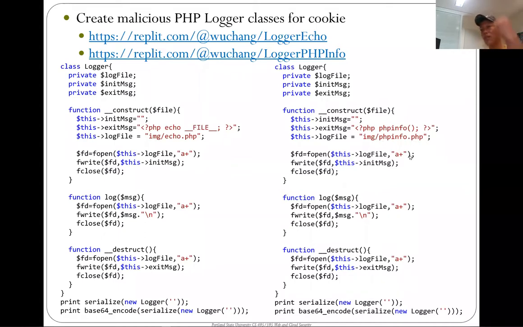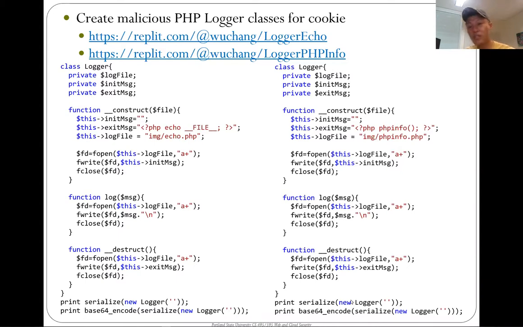And then what I'm going to do is send this. Basically, this needs to get serialized and base64 encoded and then attached to a cookie that I then send to the server. So I have to declare this in PHP. This is basically copying and pasting the class definition from the source code. And then you'll see upon destruction, I'll open this malicious log file here, and then I will exfiltrate the exit message into that file path.